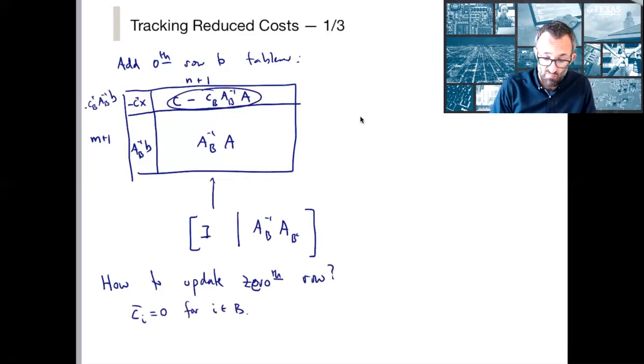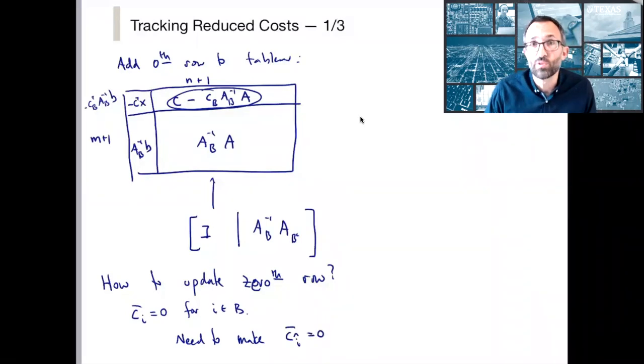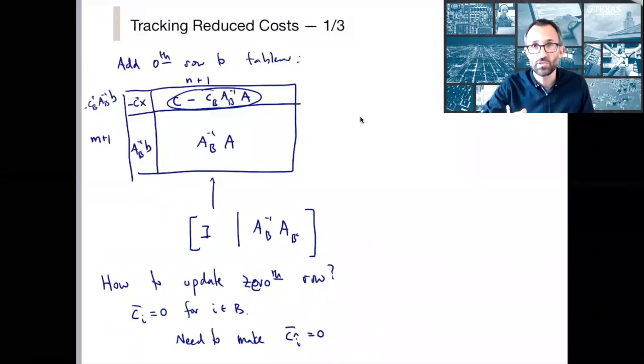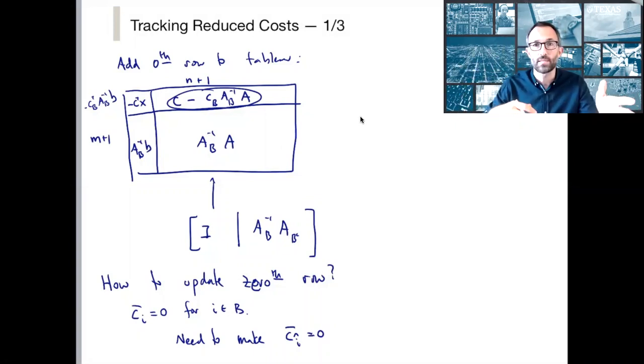So in particular, we need to make C_i hat bar equal to 0. It wasn't 0 before. It was strictly negative. That's why we introduced it into the basis. That's why we used the i hat reduced cost to make our choice to add the i hat column.